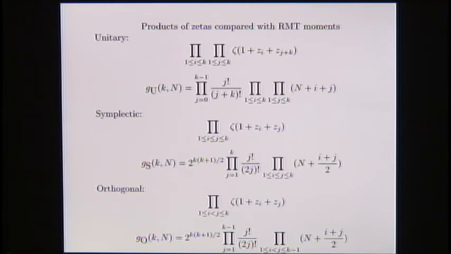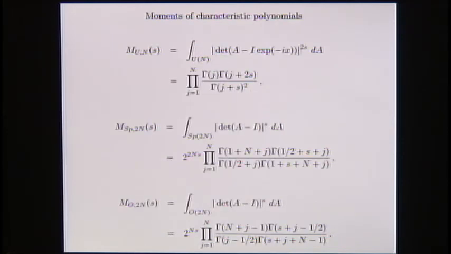Like in the symplectic case, you have this n plus i plus j over 2, where i and j are allowed to run up to k, and they can be equal to each other. The same thing is up here. And in the orthogonal case, you have i less than j. And so you see the similarity playing out nicely there.